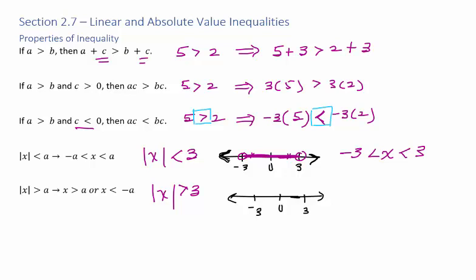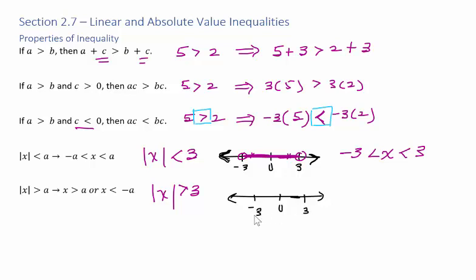And some values of x that would satisfy this inequality are numbers like 4, 5, 6, but even some negative numbers like negative 4, since the absolute value of negative 4 is 4, and 4 is greater than 3. Numbers that are very close to 3 will work as well, so 3.001 or negative 3.001.